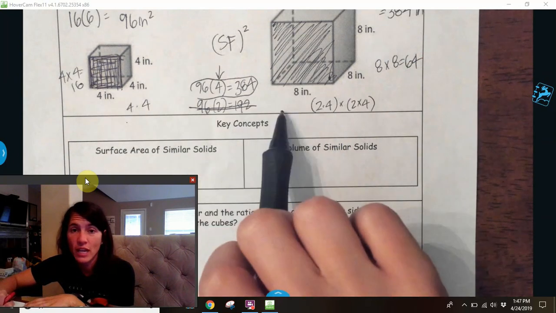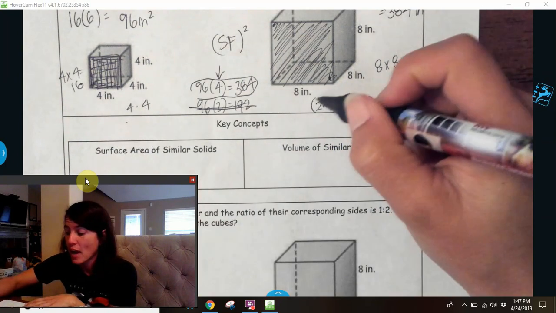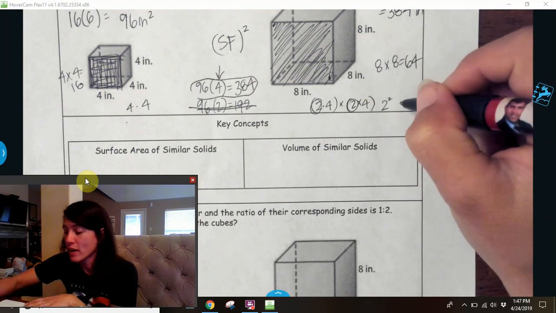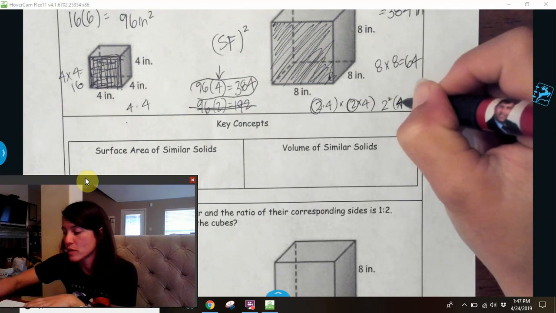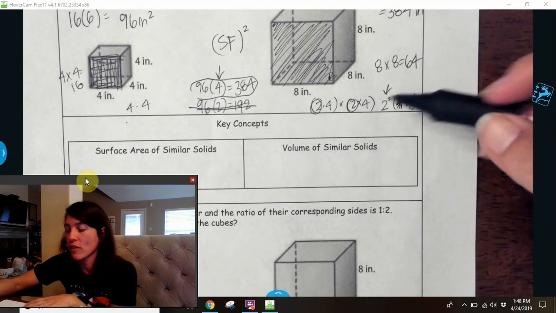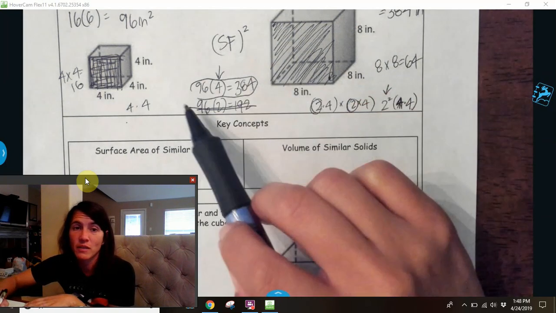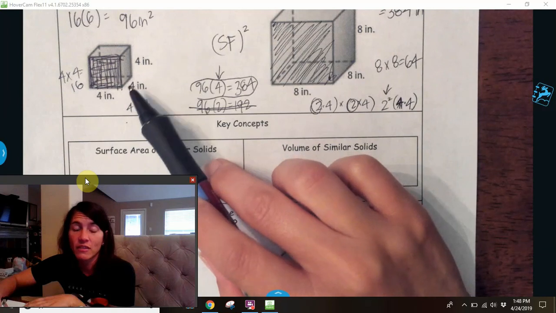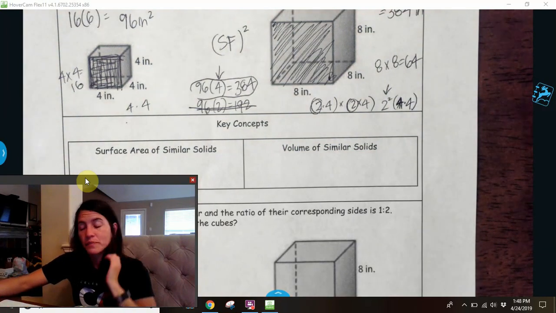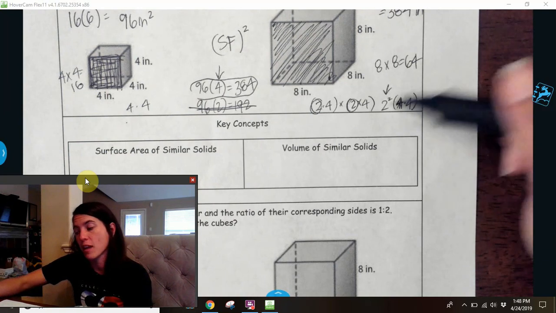I could rewrite it as 2 squared times 4 times 4. That's where the scale factor squared comes from, because I multiplied the length by 2 and the width by 2 to get my new dimensions, 8 times 8.